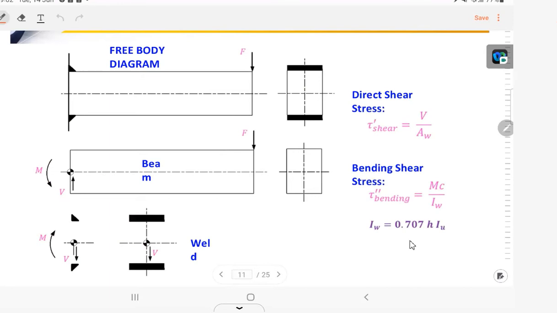Okay, for the free body diagram of the welding, if we have this type of beam, then we weld at the top and then at the bottom.